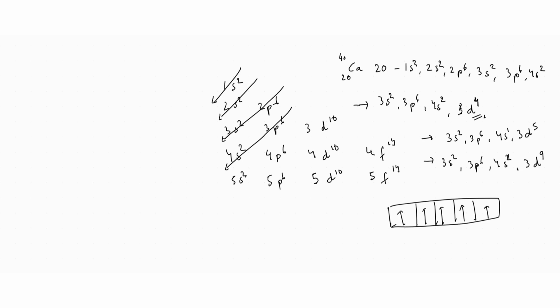This 9 is again unstable by only 1 electron, so 4s will give 1 electron. Here again the electronic configuration will change, and it will turn into 3p6, 4s1 and 3d10. This is how the atom attains stability.